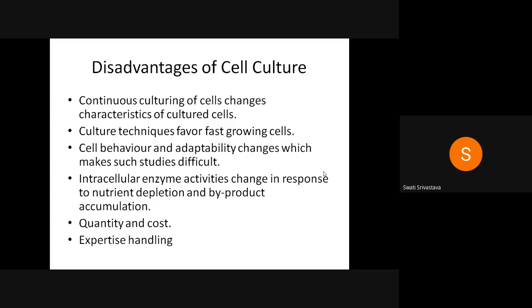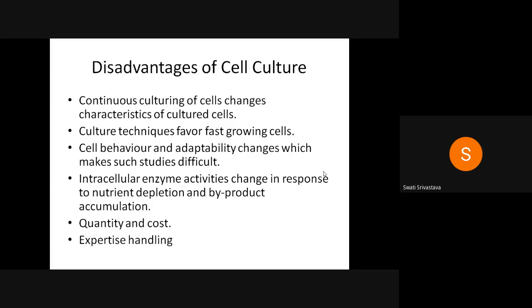Then the quantity: suppose you want to grow cells for insulin production, that means you need large quantities of cells to be produced. Large quantities of the growth media need to be provided. So the expanse of the process is large, and with that expanse, the cost will also be very high. Then these systems need skilled handling.